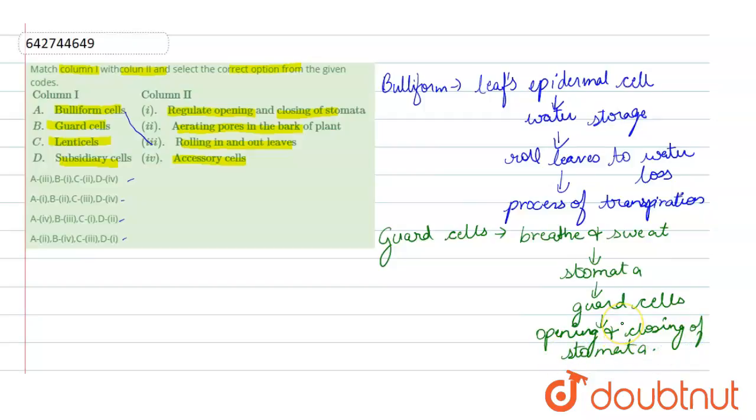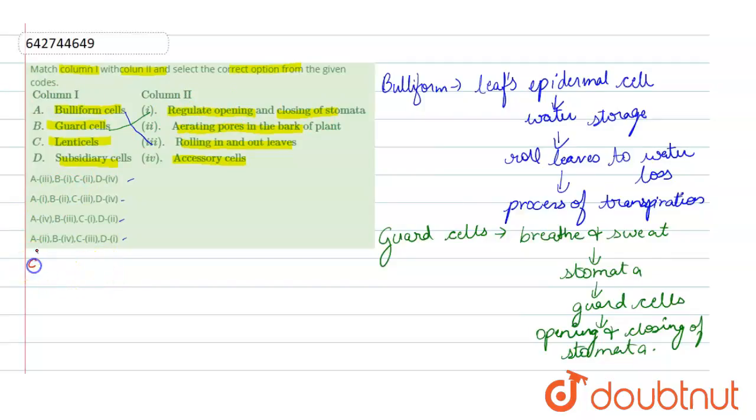They facilitate the gas exchange for photosynthesis and help in minimizing water loss. In that case, the guard cell is to the first one, that is regulate opening and closing of stomata.